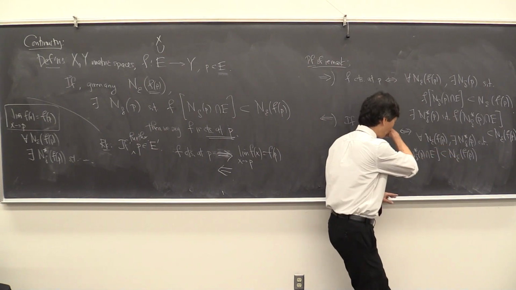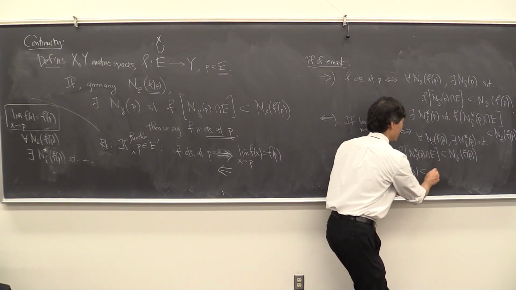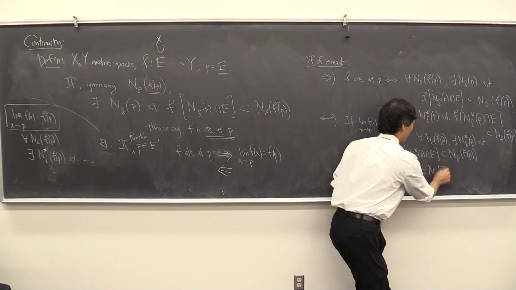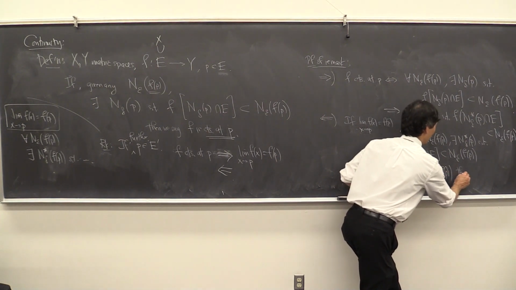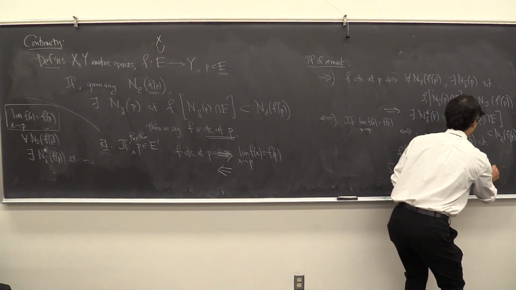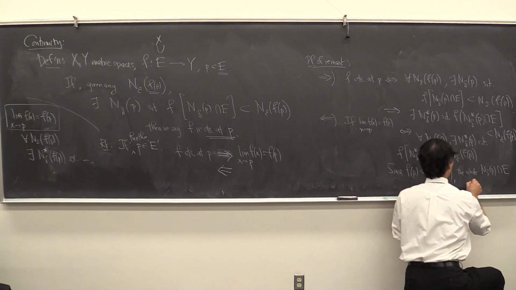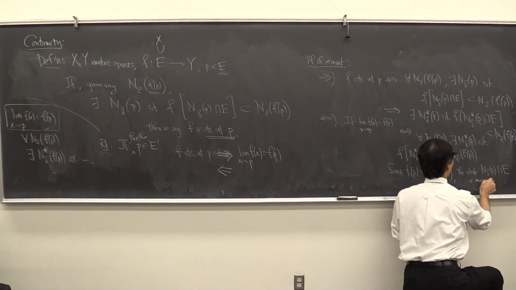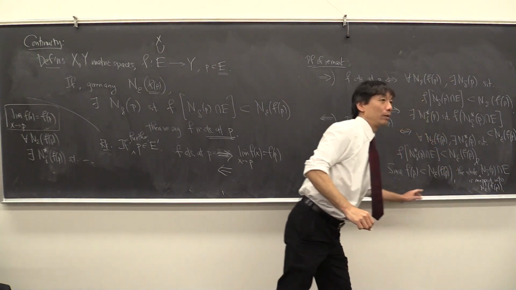So definitely, since f of P lies inside the epsilon neighborhood, the whole of this thing is mapped into that thing.